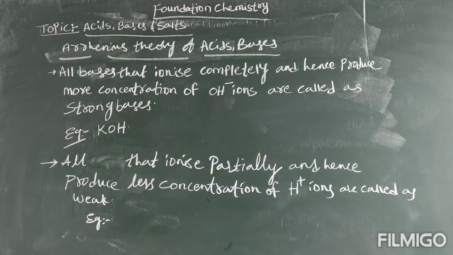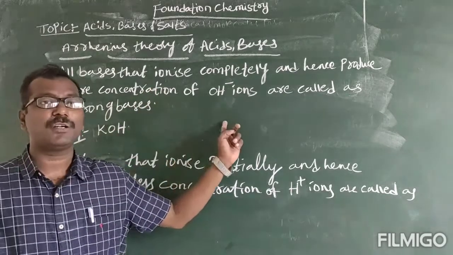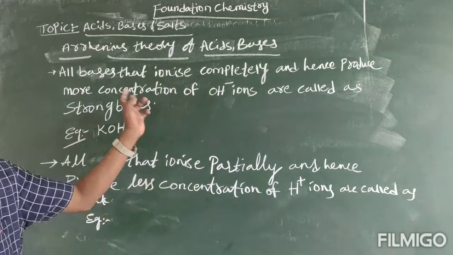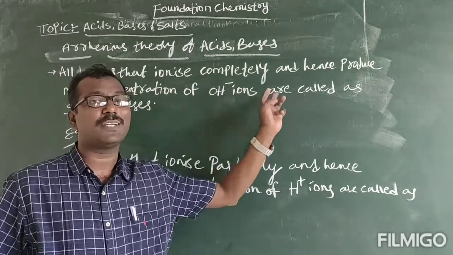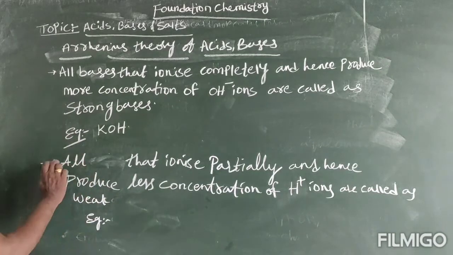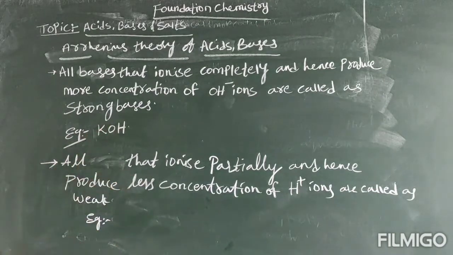So according to Arrhenius theory of acids and bases, how you will define a strong acid and a strong base means the substance which ionizes completely and produces more concentration of H plus ions, then it is the strong acid. If it produces more concentration of OH minus ions, then it is a strong base. In the same way, weak acid and weak base.